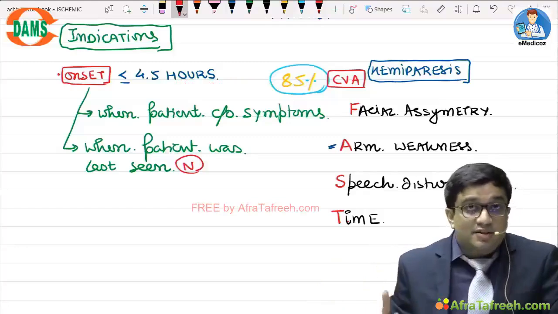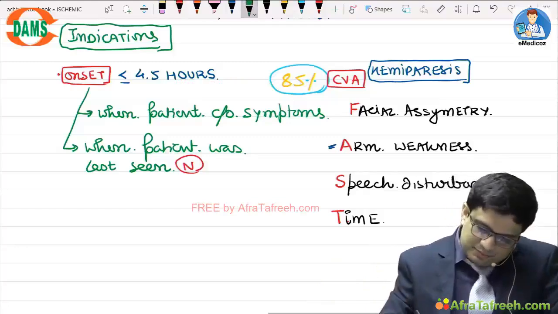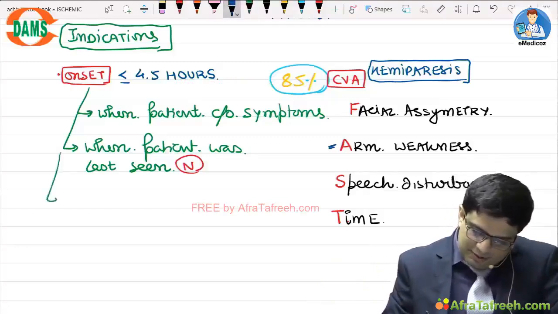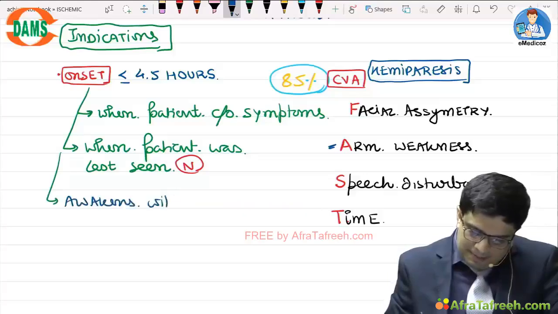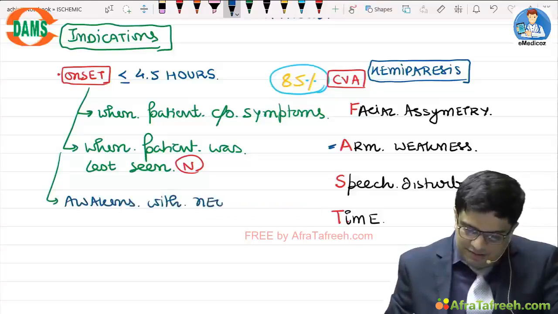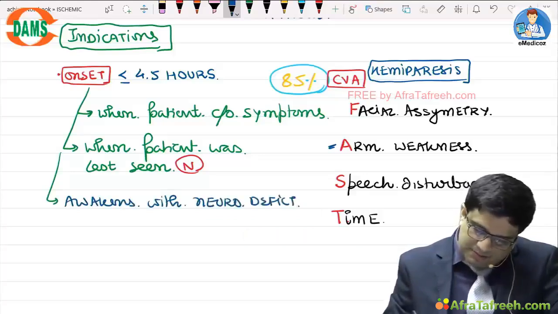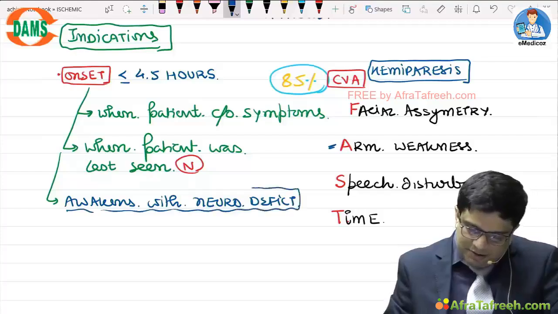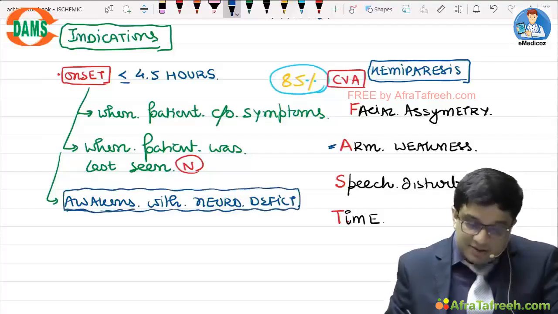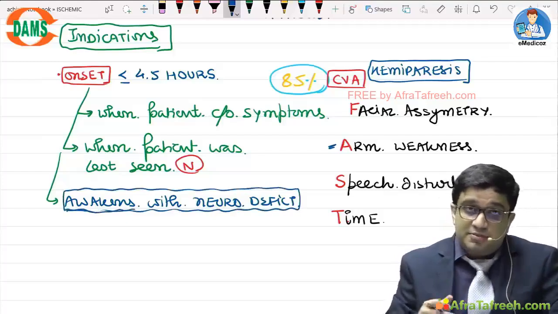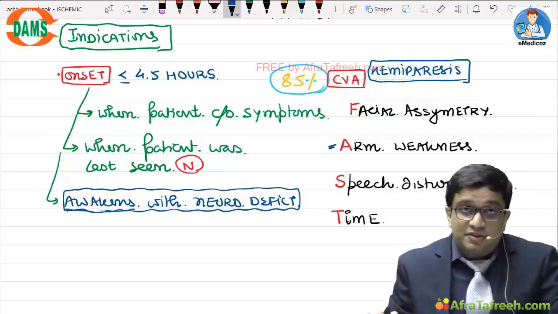And another condition is this: if my patient awakens with a neurological deficit, remember this. Like the patient slept and in the morning he got up at 6 a.m. and found facial asymmetry, arm weakness, slurring of speech, everything was there.